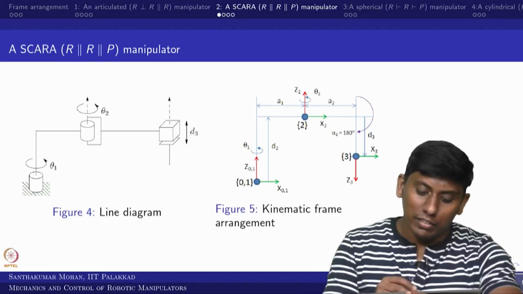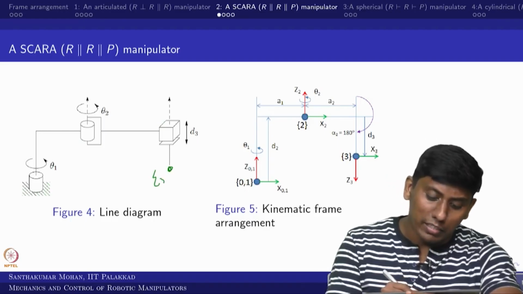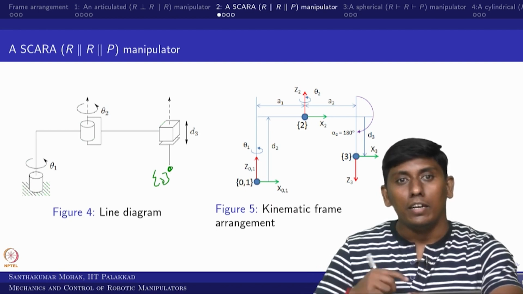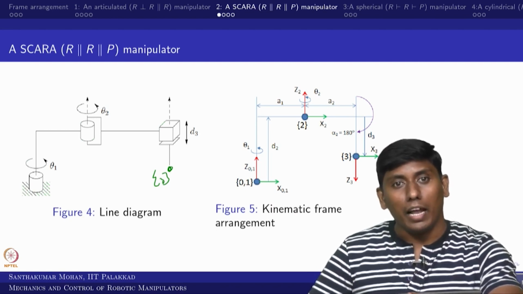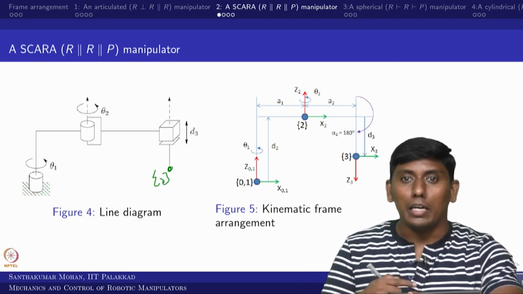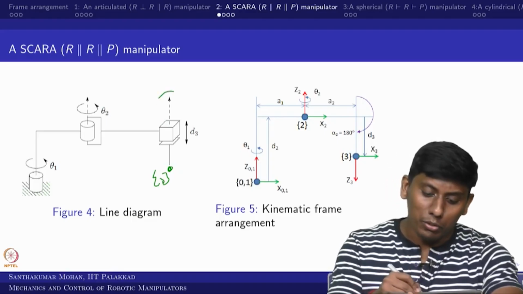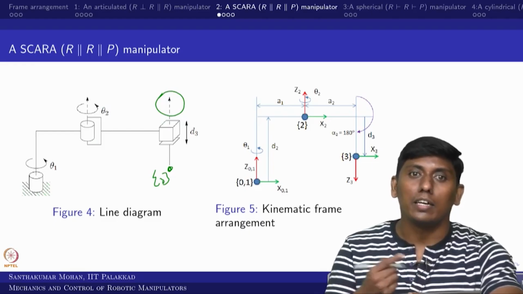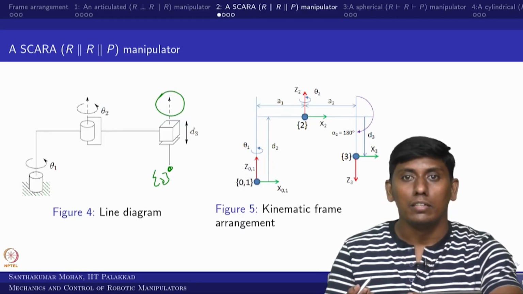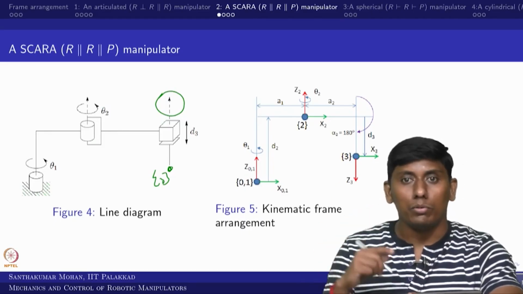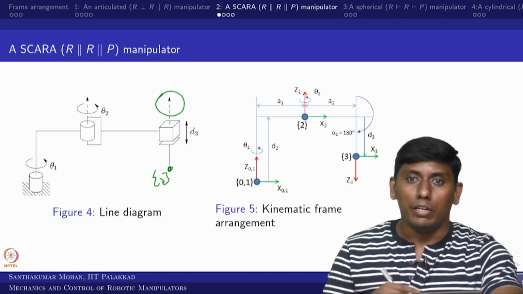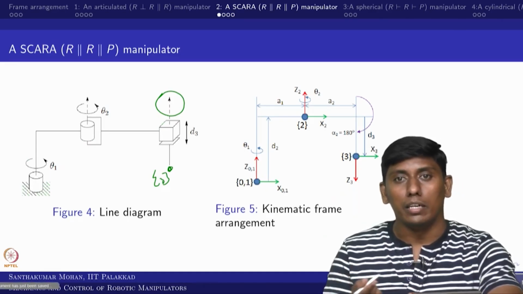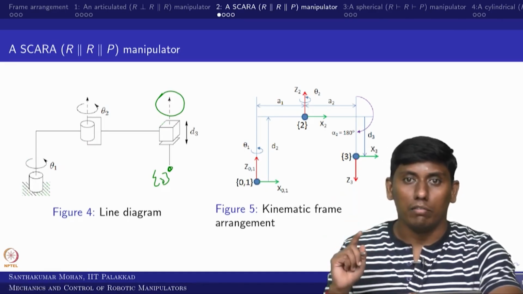If that is the case, this final point I can take as 3. We had taken the normal way of taking 4 frames, but now I have simplified it. Although this is the positive direction, whenever I substitute d3, I can substitute it as minus, right. When I substitute in the actuator end, when I am trying to control, I can put it in the opposite direction, that is easiest for me.